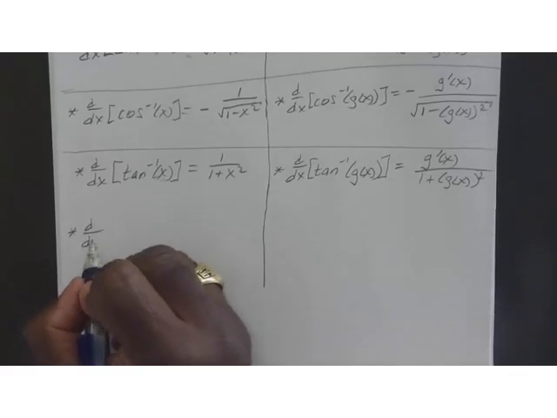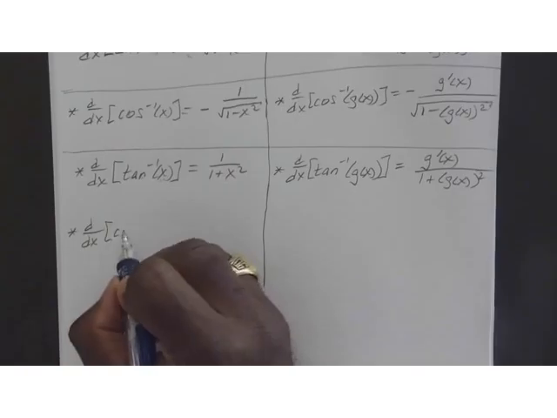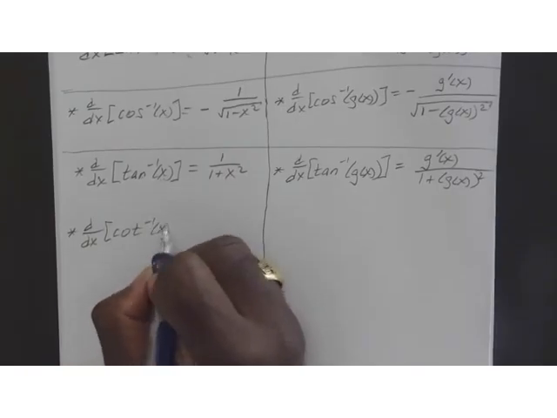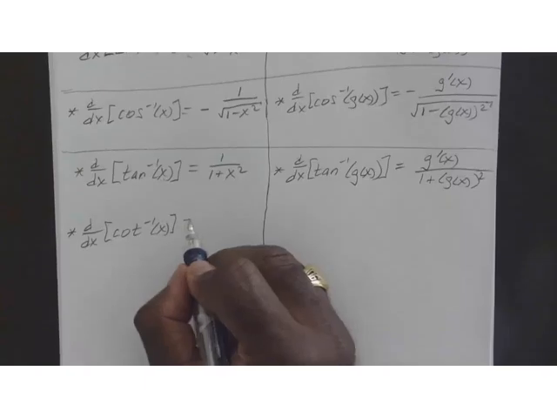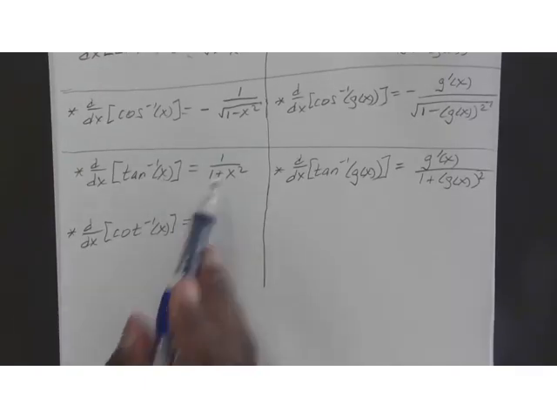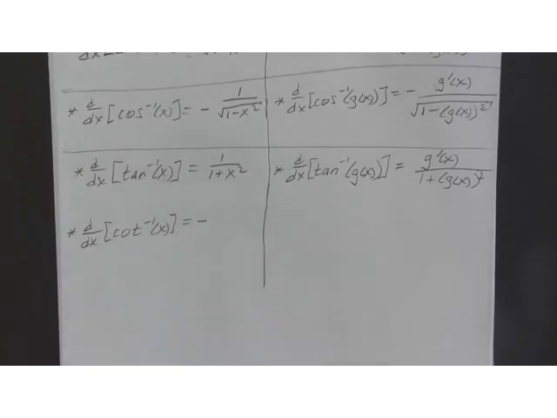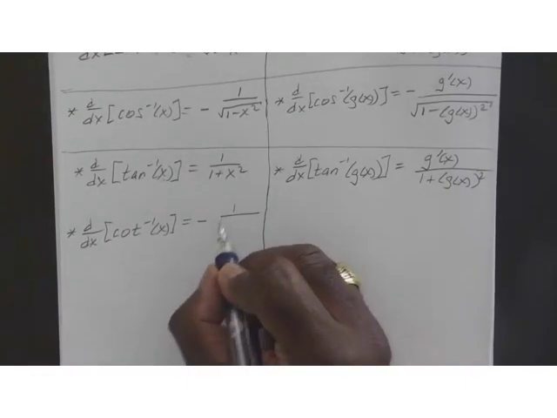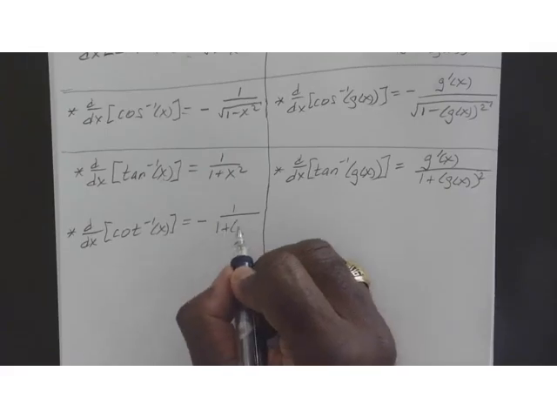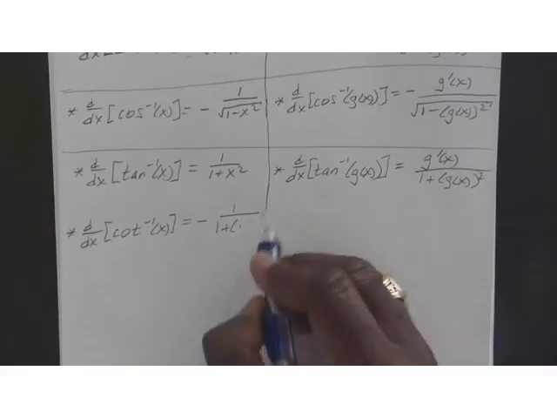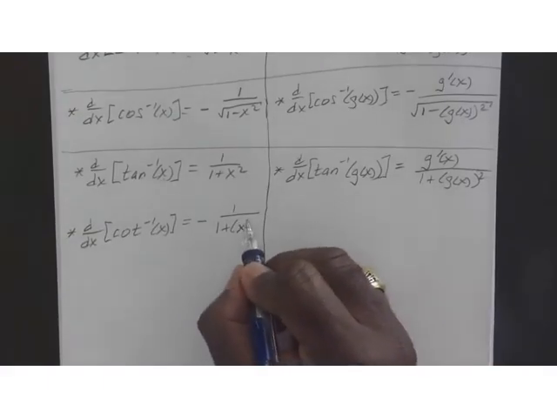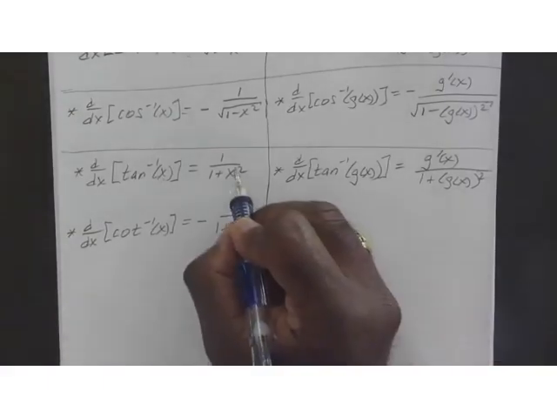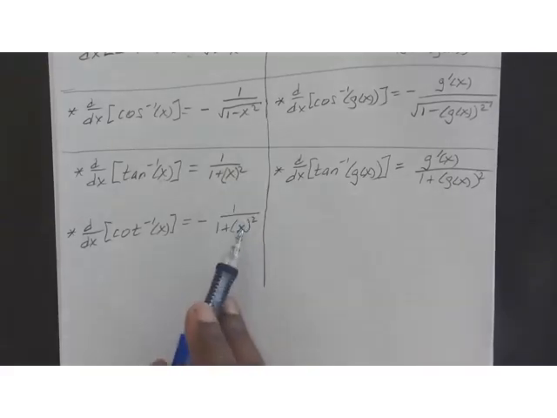And if we take the derivative of cotangent inverse, that's just the negative of that very same expression. But we have 1 divided by 1 plus x squared. I don't know why I put the parentheses there. Sometimes it's a habit, only because I changed that x to g of x. So I just put parentheses around it.